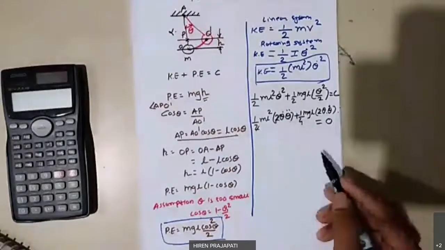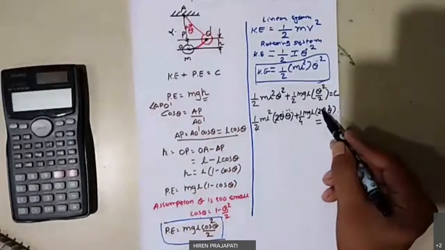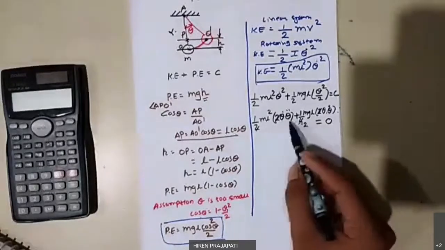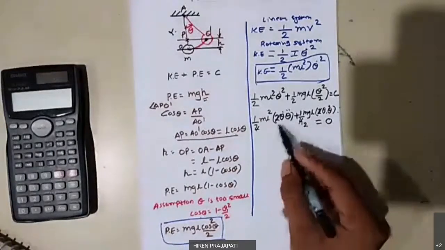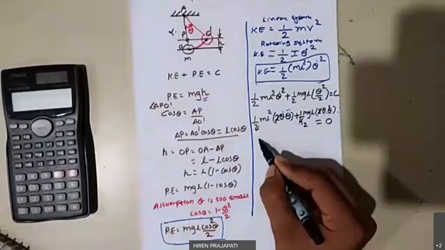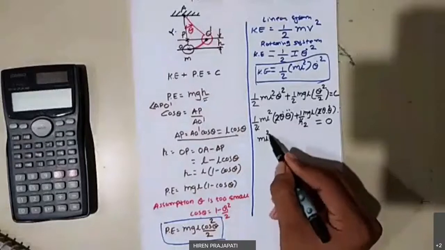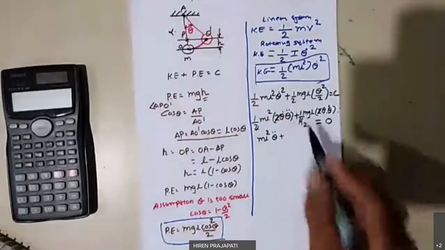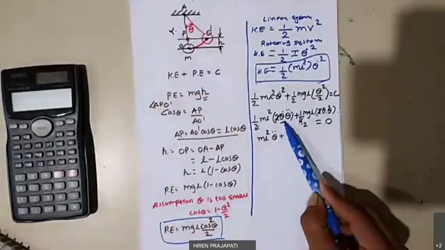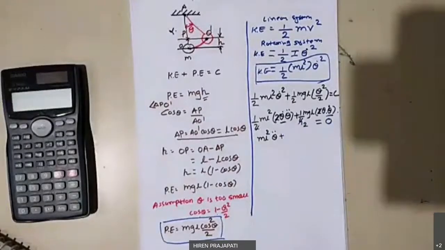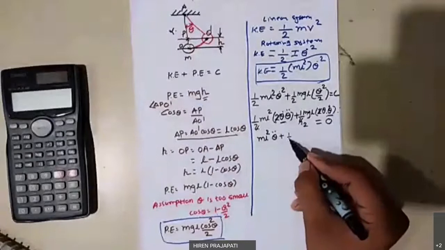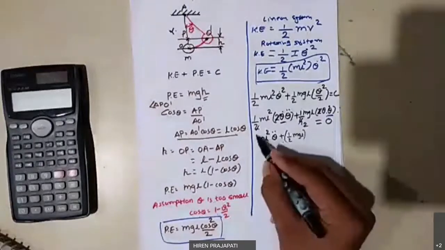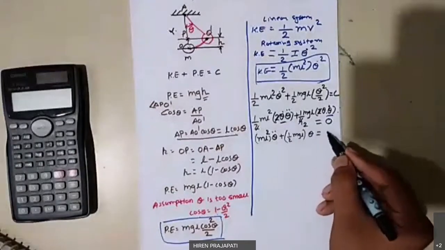Right? Now let us simplify this. 2 cancels out. Let me write here again, this is ml square theta double dot plus, because velocity is common in both the terms, here we have theta dot, here also we have theta dot, so let's take velocity common, then plus 1/2 mgl theta.